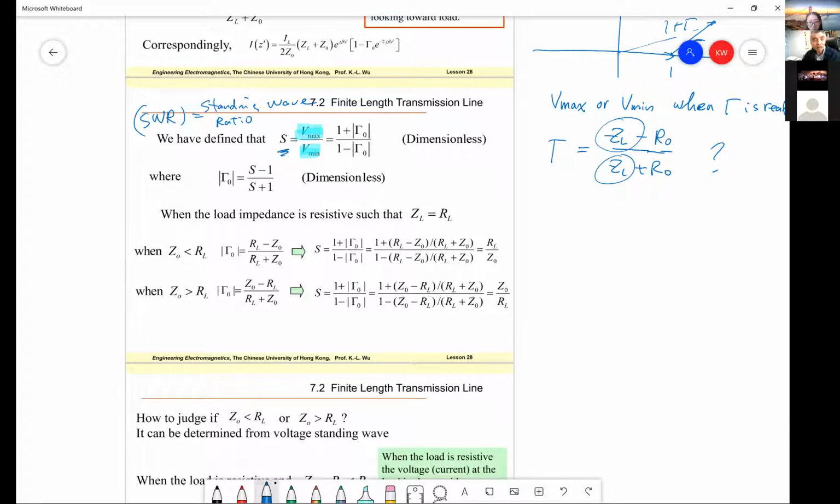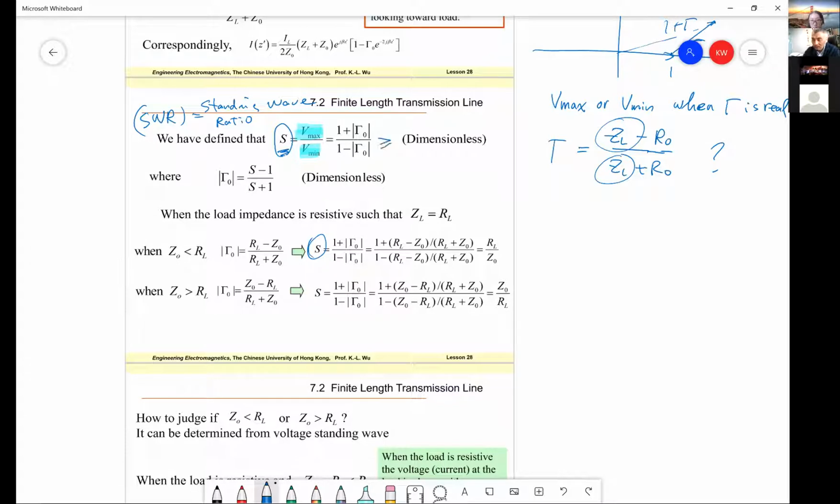I can tell you we have a question about this in the final exam. We use the voltage maximum and voltage minimum to define the standing wave ratio.